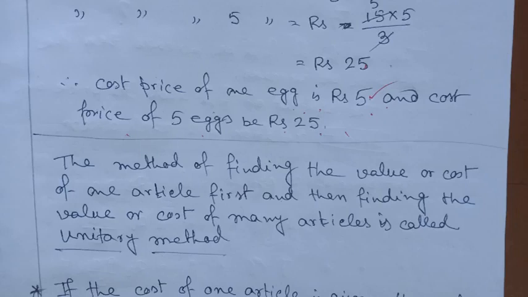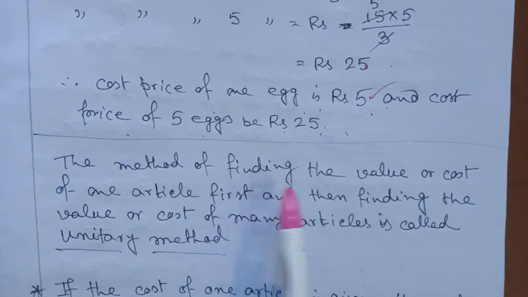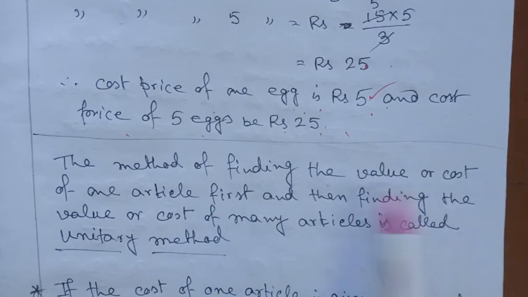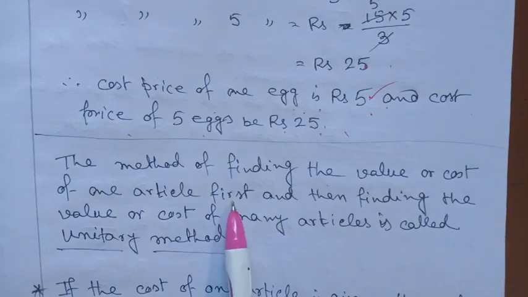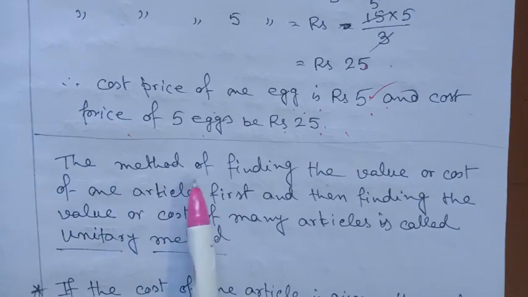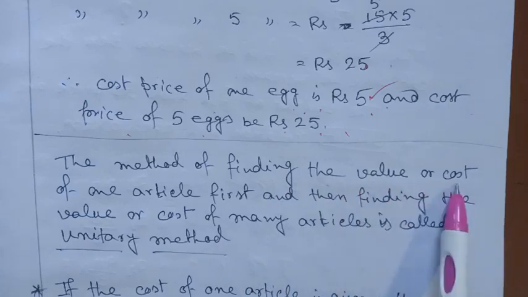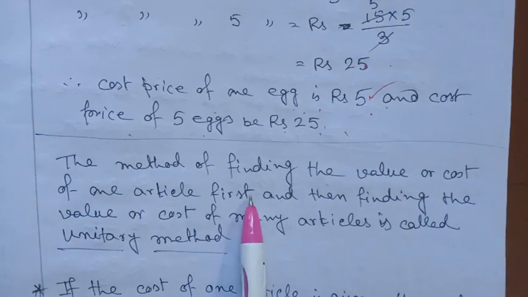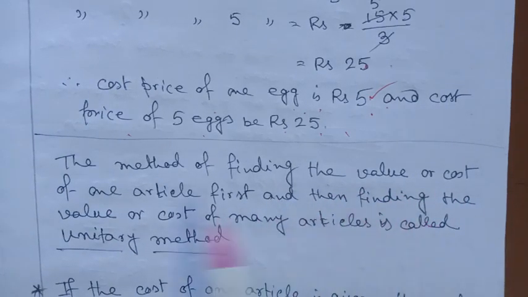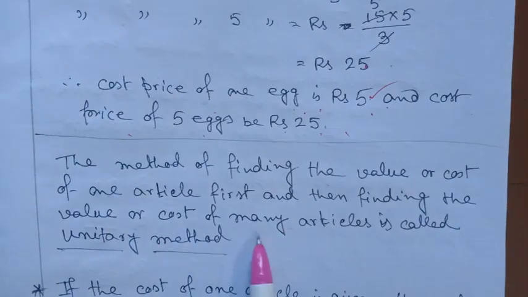I repeat once again, the method of finding the value or cost of one article first and then finding the value or cost of many articles is called unitary method.